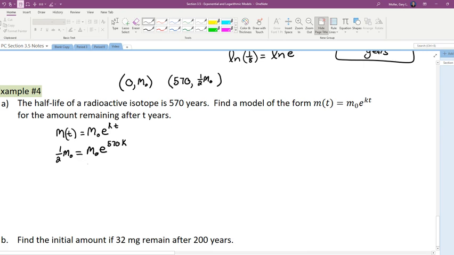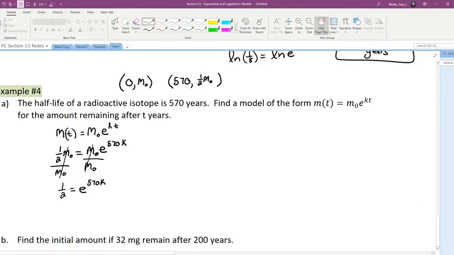So my next step is to divide by m sub 0. And sure enough, as they cancel out, I get a half, which is what I would expect to get because that is always going to be the ratio of what I have left if I've put my second point in as the half-life period.